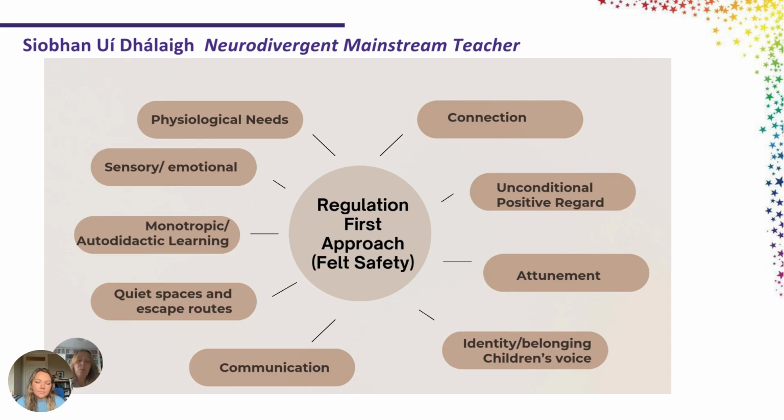Identity, belonging, where they feel that the classroom is theirs and they have a voice and they can say no, they can opt in and opt out. Movement is enormous. Plenty and plenty of movement spaces, spinning chairs, mats, flexible seating, yoga balls, wobble stools, fidgets, doodling, movement to allow go to a quiet place when everything's getting just too much for them.